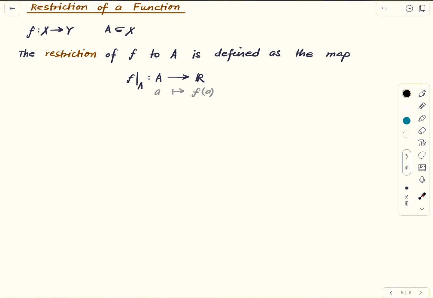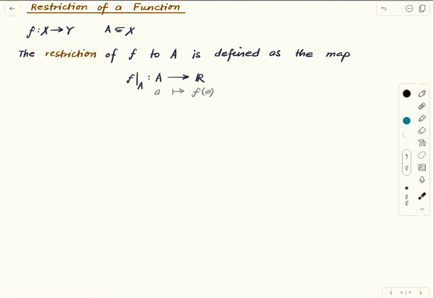So all we are saying is A is a subset of X, so every point of A is a point of X. So it is legitimate to ask for this thing, and that's it. You kind of forget what is outside of A and obtain a function. This may sound like a very vacuous or very useless thing, and in some sense it is, but no, it helps us talk about things efficiently.